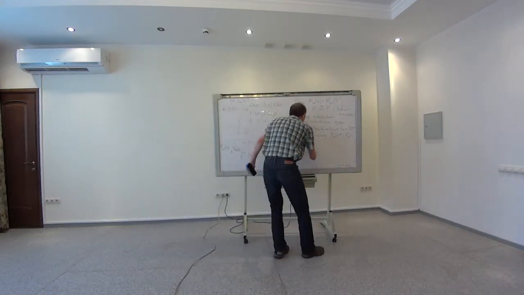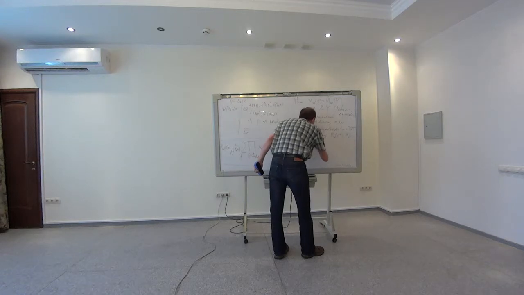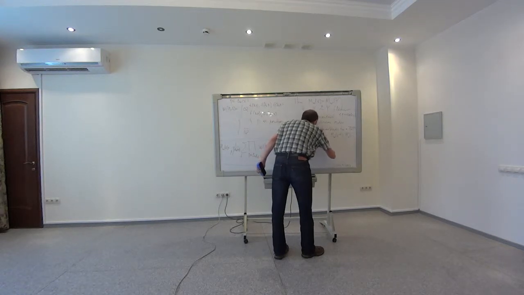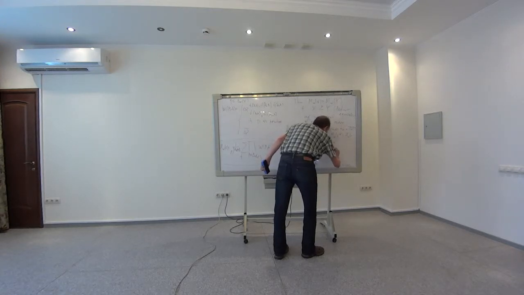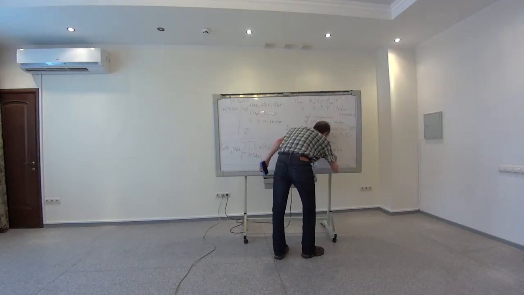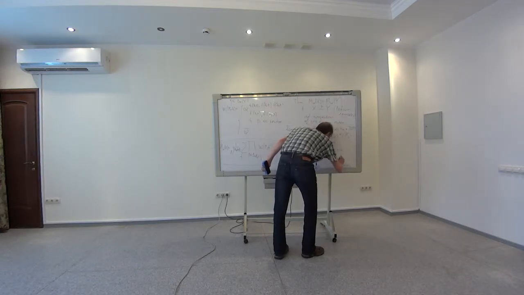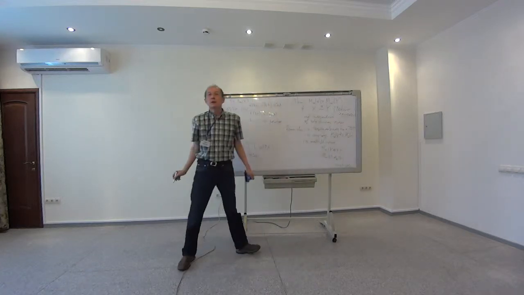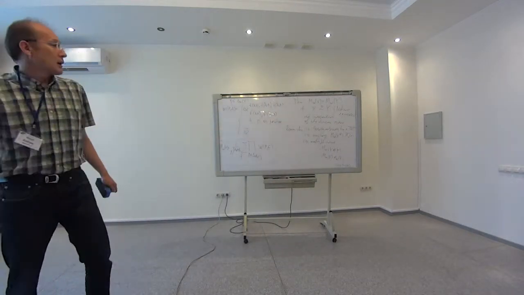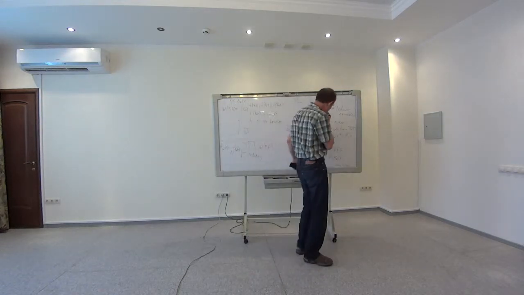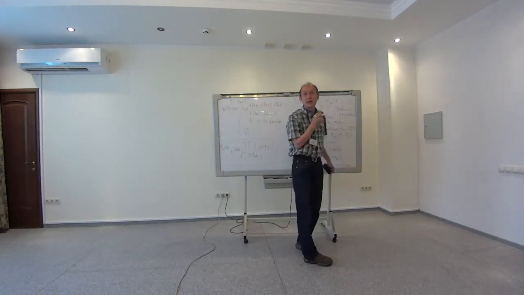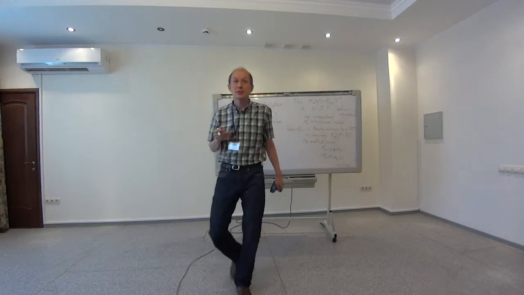And the property under the connected sum is multiplicative, which means that M omega of X connected sum Y is equal to M omega of X times M omega of Y. And which factor is added under disconnected sum? Disconnected sum, yeah, it is also the same thing.